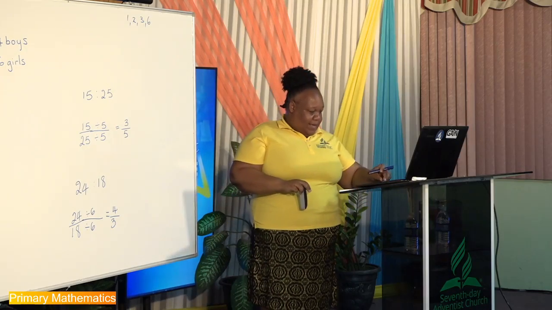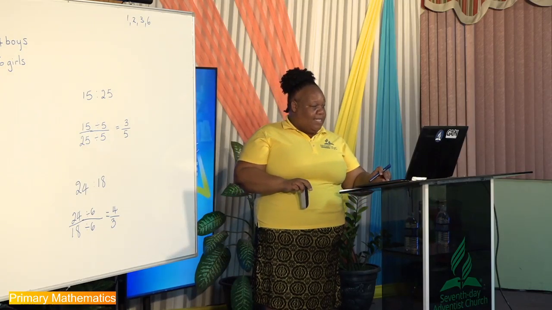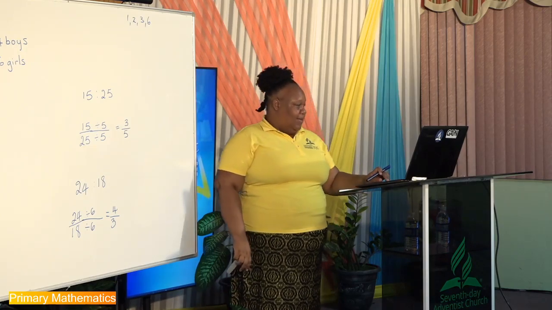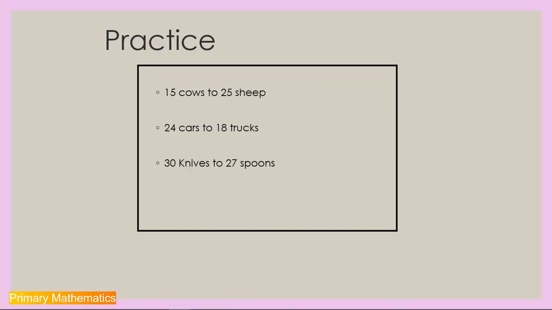Okay, then we have 30 knives to 27 spoons. What would be our highest common factor there? Okay, I see some hands just popping up. 3. 3 would be our highest common factor.